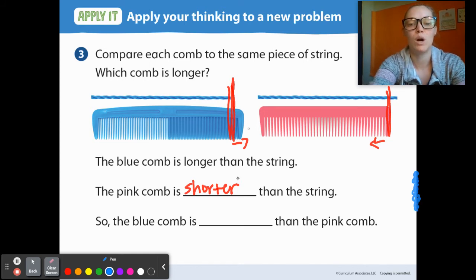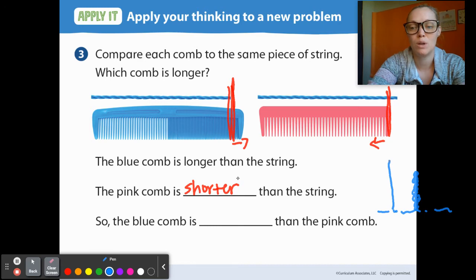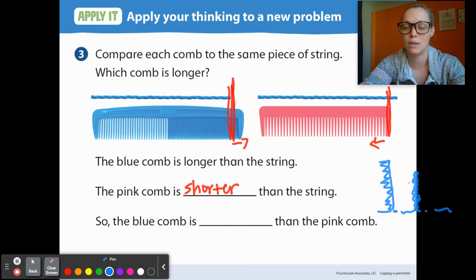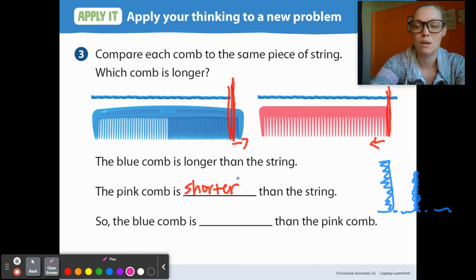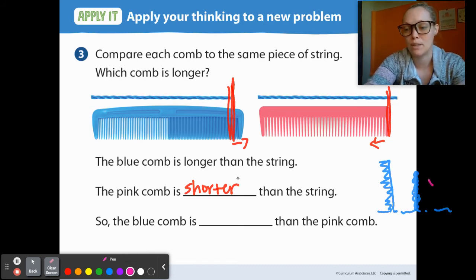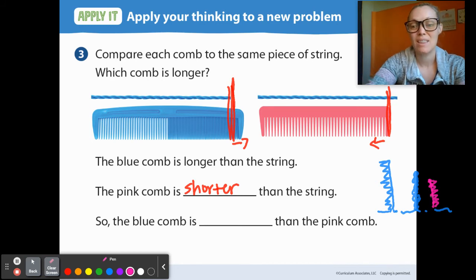And I know my blue comb is longer than that string, so if I were to line them up on a starting line, here's my blue comb, and it's going to be longer than my string. My pink comb, I can see, is shorter than my string, so I'm going to make my pink comb shorter than my string.